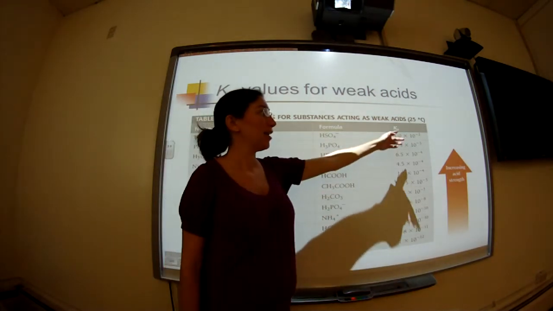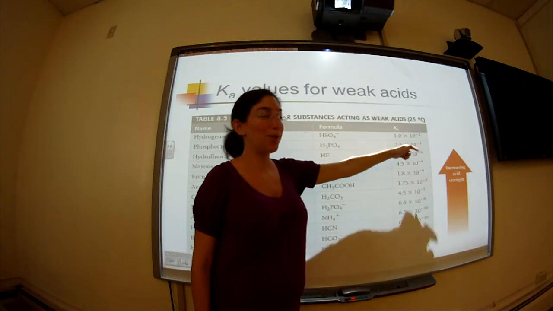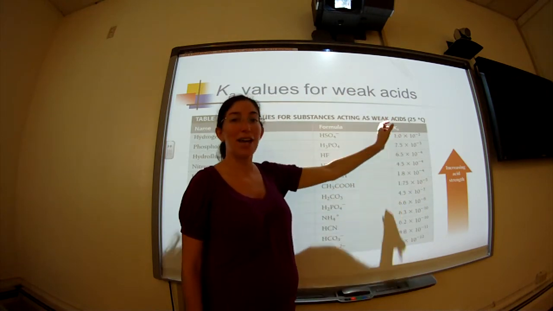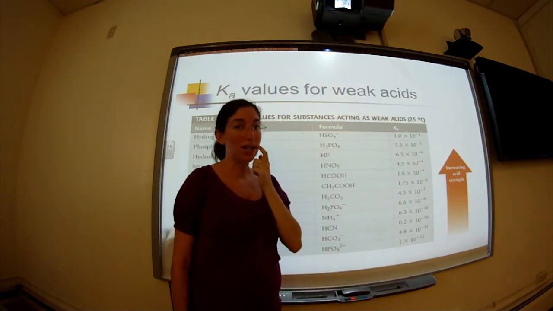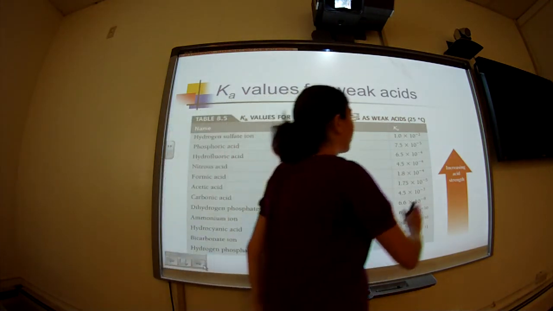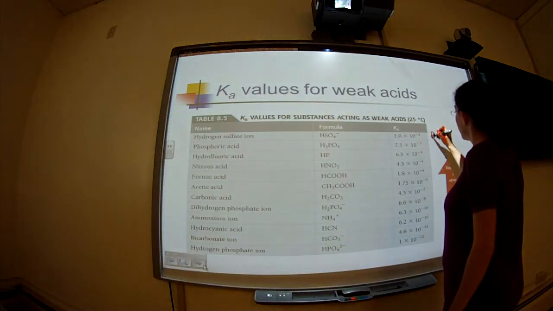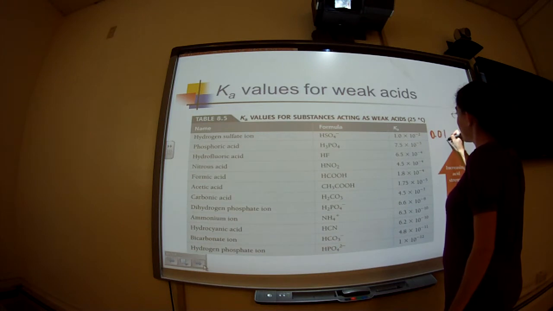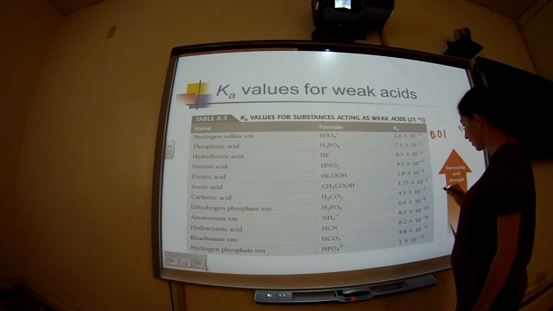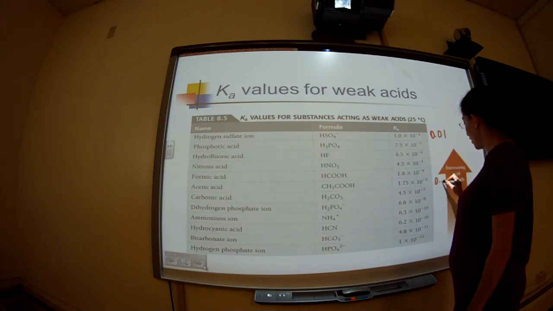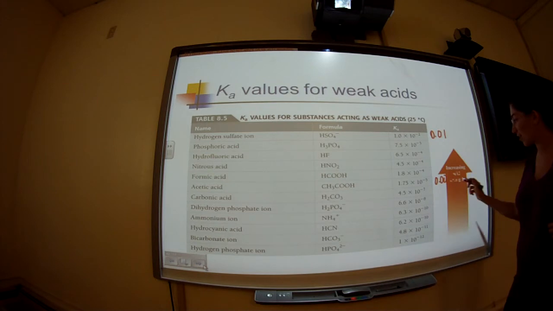And notice that since these are negative exponents, as the negative exponent gets smaller, the number actually gets bigger, because this is 0.01, whereas this is 0.00000175, I think. Sorry, you can't see my writing here, because I chose the wrong color.